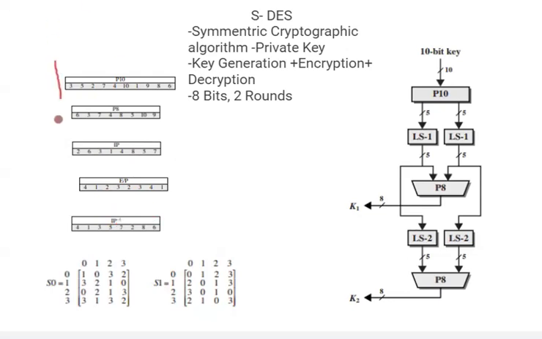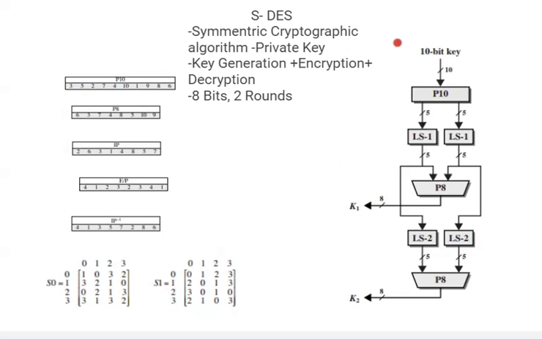These are all permutation operations defined by the algorithm which we will use in key generation and encryption. The other operation in simplified DES is substitution. Here there are two substitution boxes named S0 and S1, each a 4 by 4 matrix, already defined by the algorithm.